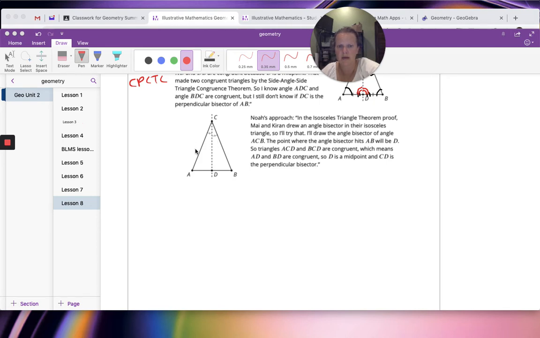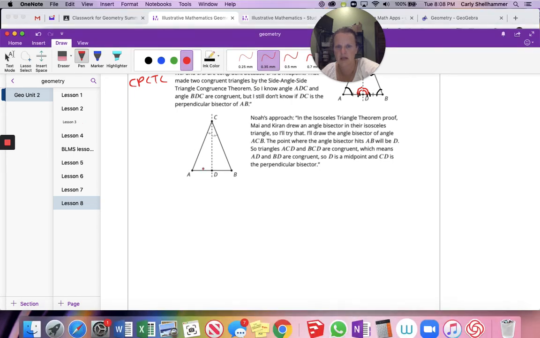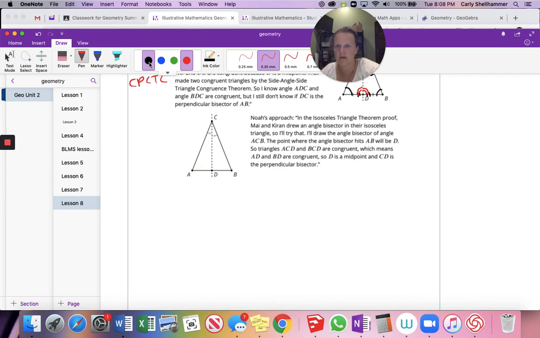The point where the angle bisector hits AB will be D. So triangles ACD and BCD are congruent, which means AD and BD are congruent. Oh, why don't we get a marker sometimes? There we go. Those two are congruent, so D is a midpoint, and CD is the perpendicular bisector. I'm not sure. We know he's isosceles, so we can say that.